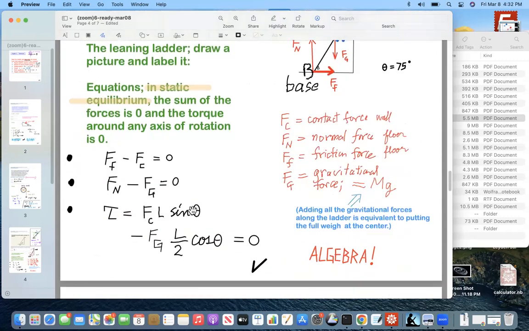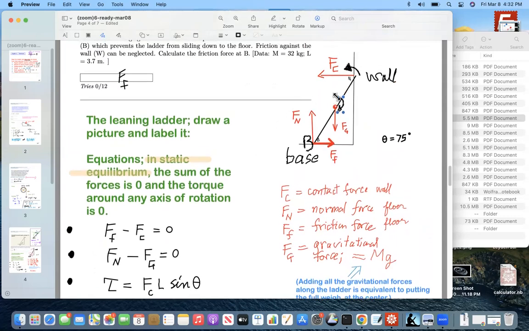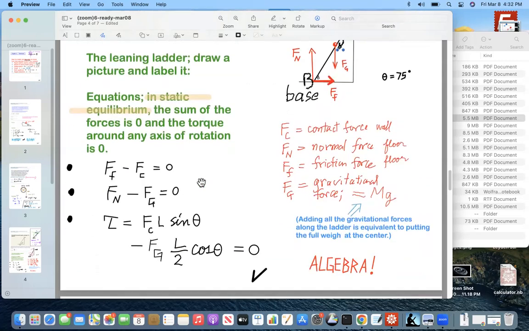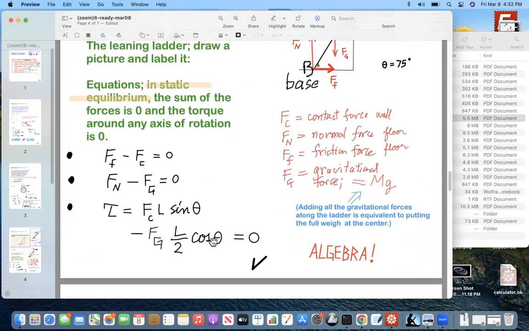So that's Fc L sine theta, and then minus, because it's in the other direction, Fg L over 2, only a distance L over 2 from B. And in this case, the angle here is 90 degrees minus theta. So the sine of that is the cosine of theta.